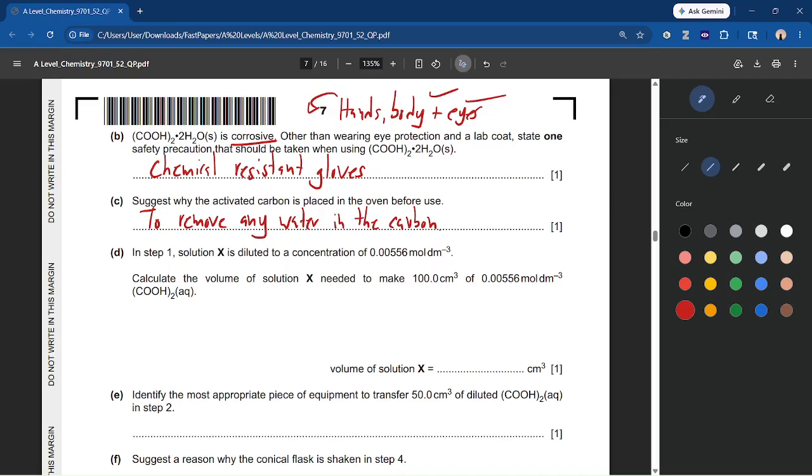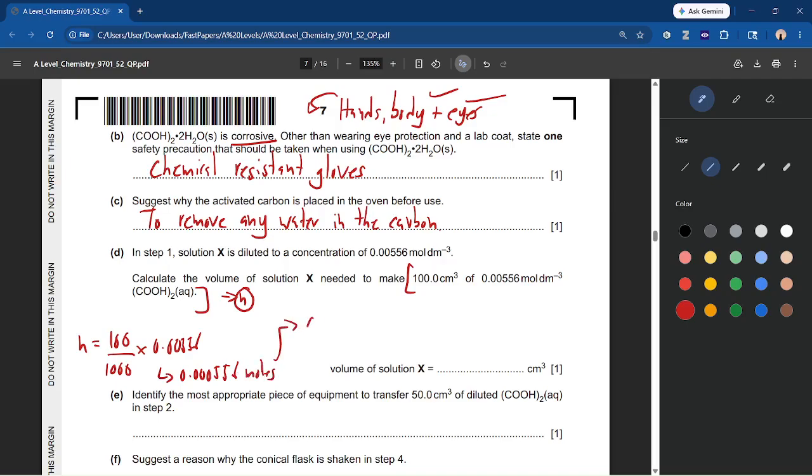So we're going to work our way backwards. Let's find out what the mole of this solution is. So we need to figure out the moles of this. So n is equal to 100 by 1,000 into 0.00556, which is 0.000556 moles.